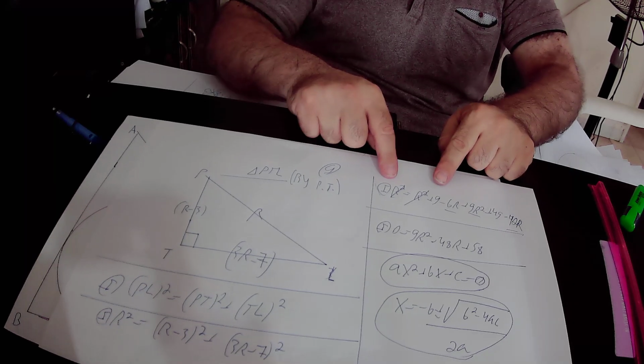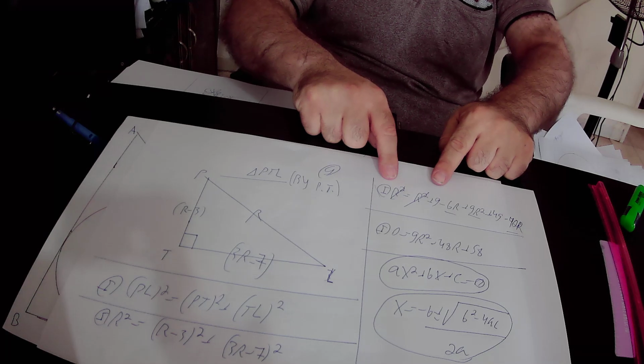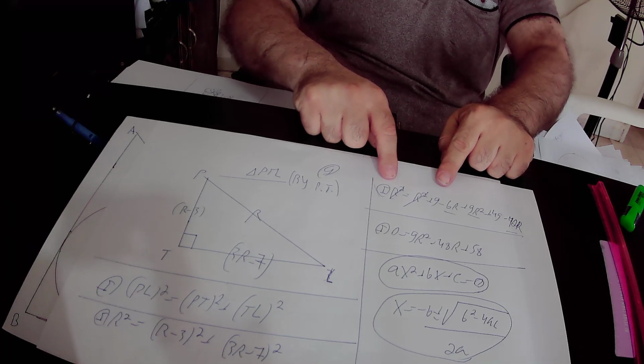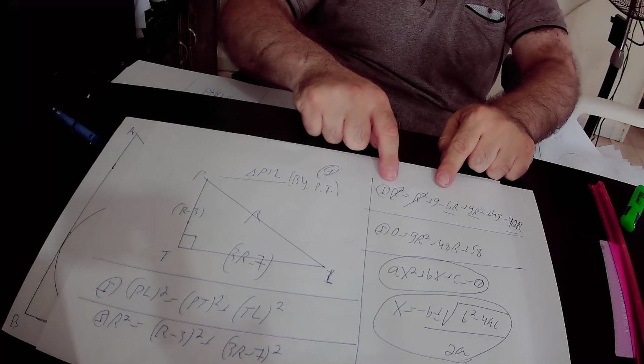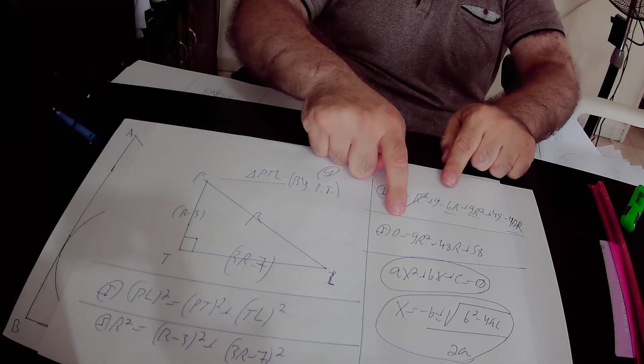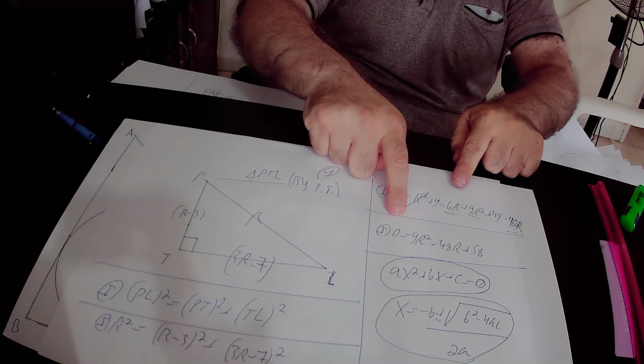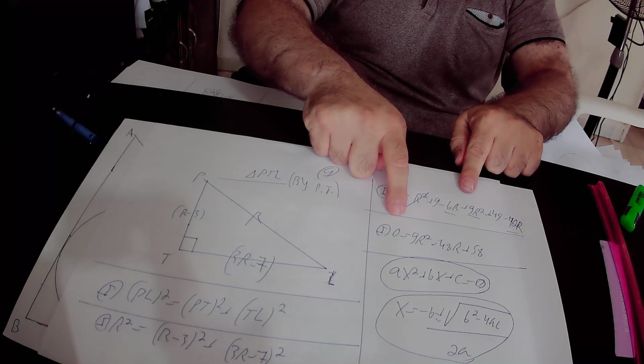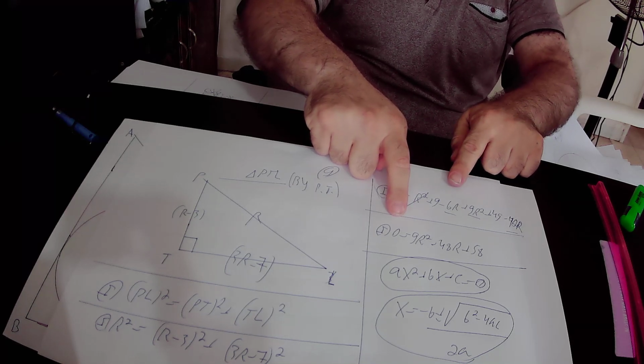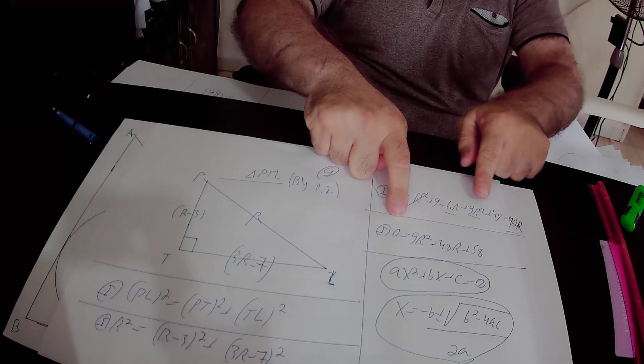Here we have R squared on both sides of the equation, so R squared gets cancelled. What is left from equation number 1 after we cancelled R squared? On this side nothing is left, on the other side we have 9R squared, and minus 6R minus 42R is minus 48R. 9 plus 49 is 58.